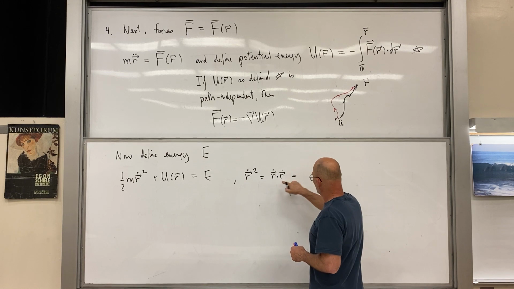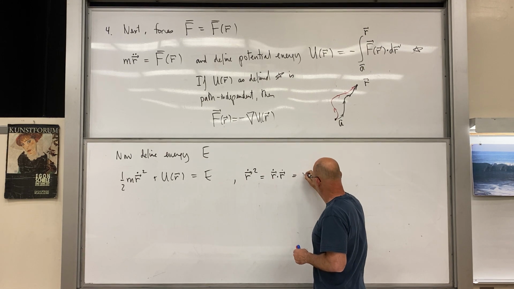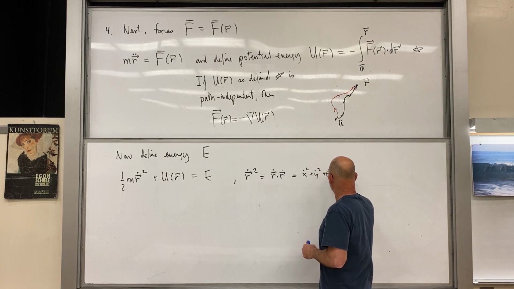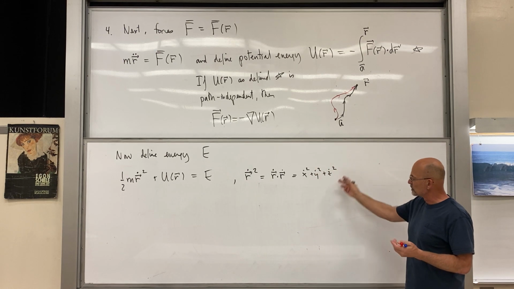And for example, this would therefore be x dot squared plus y dot squared plus z dot squared in Cartesian coordinates.